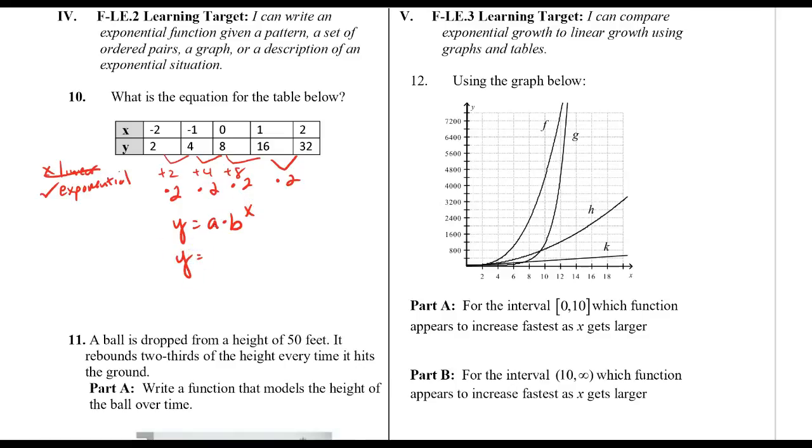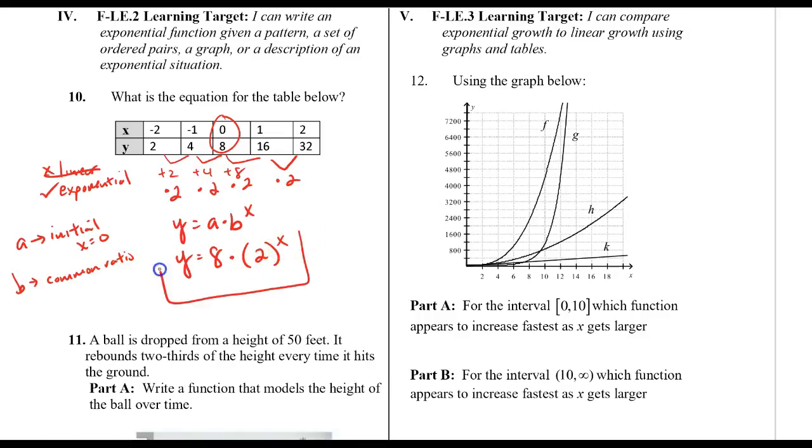A is my initial value, and we find the initial value when x is equal to 0. So we're looking at this point, so that's 8. b is my common ratio, and my common ratio was to multiply by 2, and we raise it to the x power. So my function is 8 times 2 to the x.